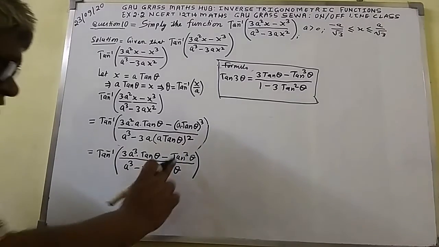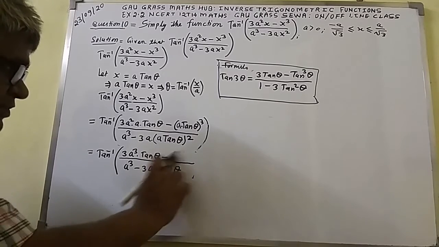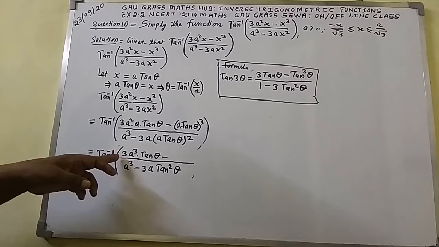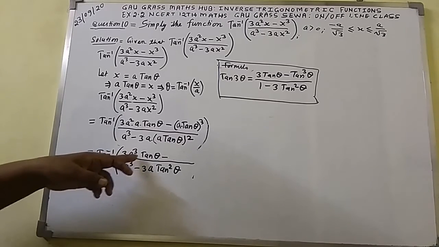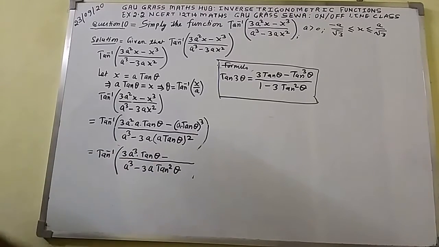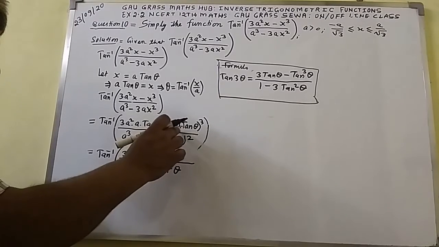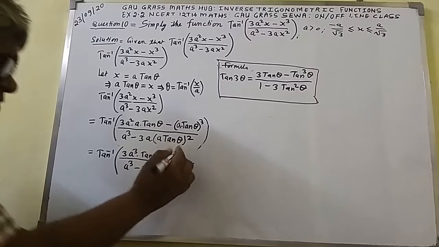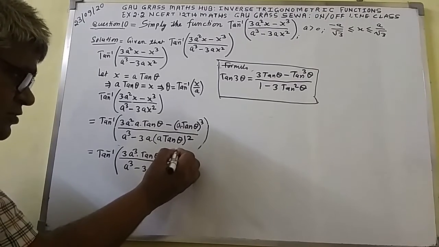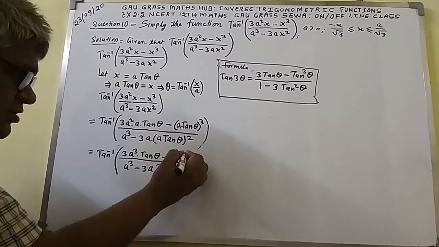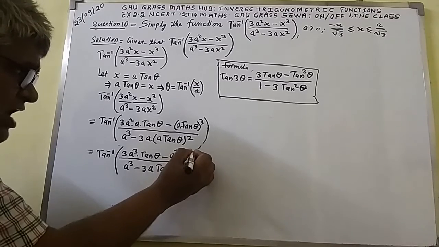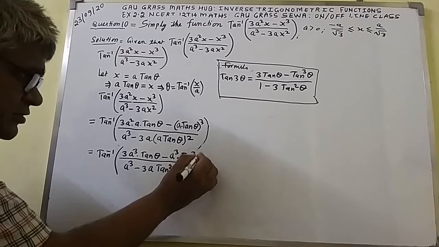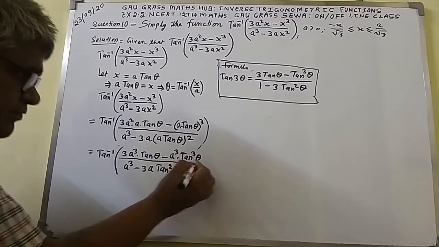And now here it will become tan inverse 3a cube minus tan theta minus, here you can see a dot tan theta whole cube. It will become a cube dot tan cube theta.